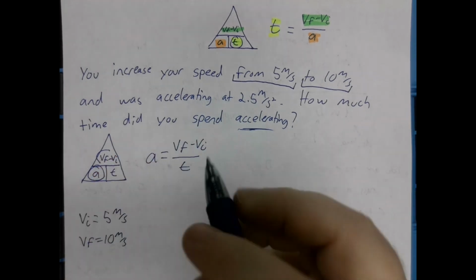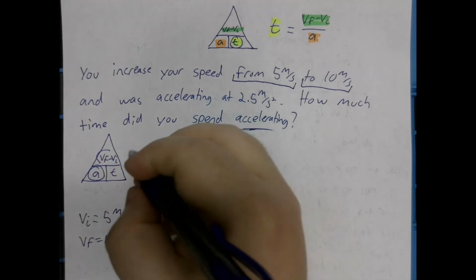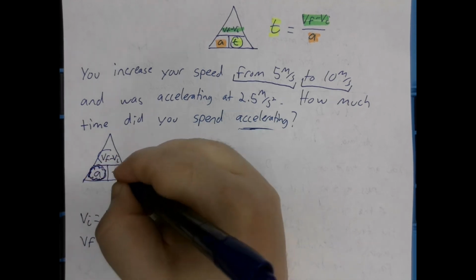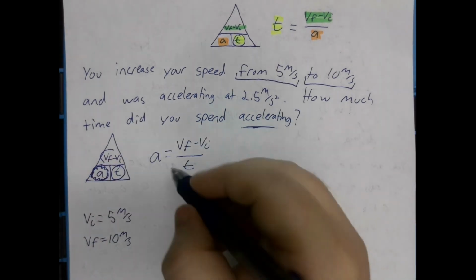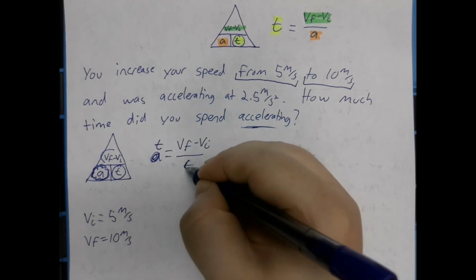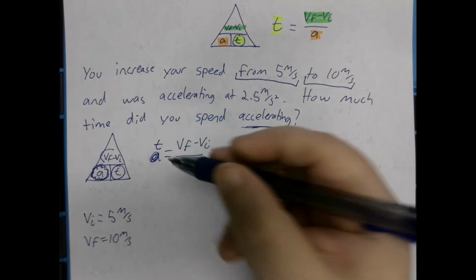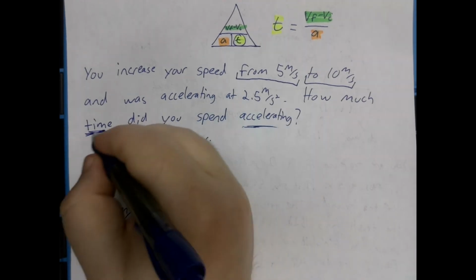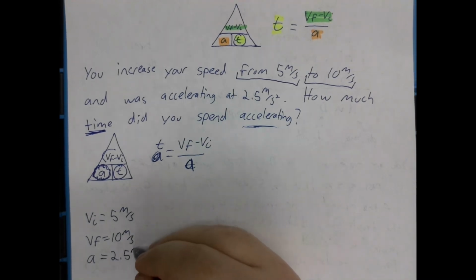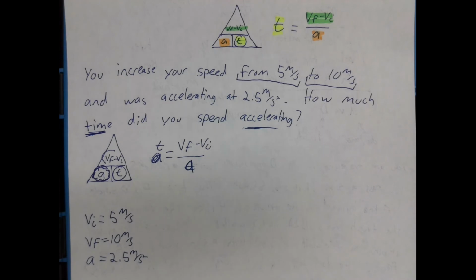My bad, I made a mistake. It's supposed to be like this. We're solving for time. Our acceleration is 2.5 meters per second squared.